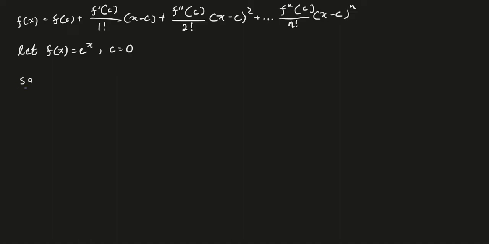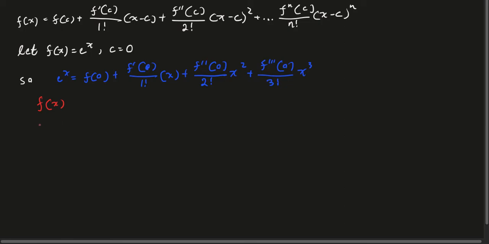So e to the x is going to be equal to f of 0 plus f prime 0 over 1 factorial x plus f double prime of 0 over 2 factorial x squared plus f triple prime of 0 over 3 factorial x cubed. And so let us write again our derivatives.